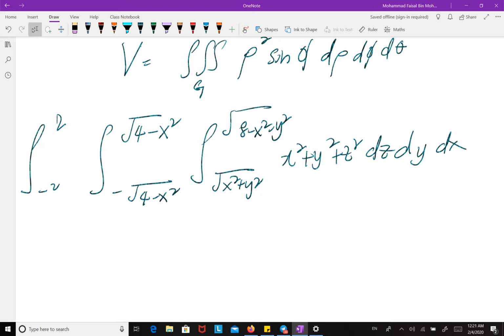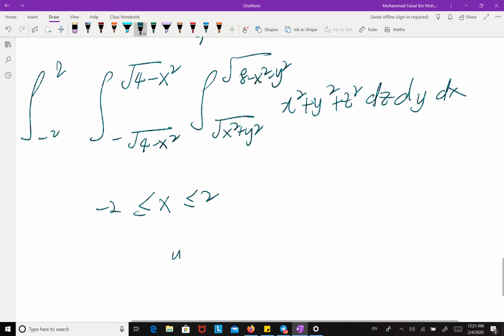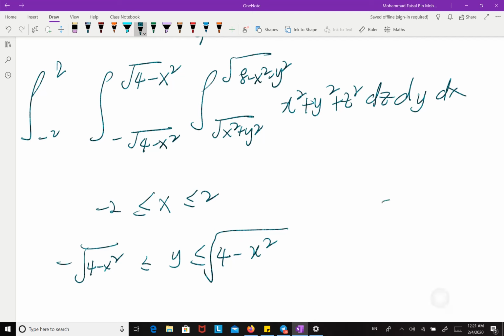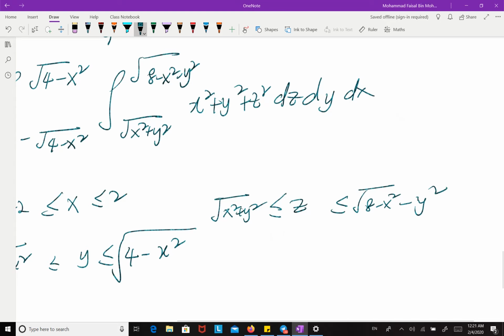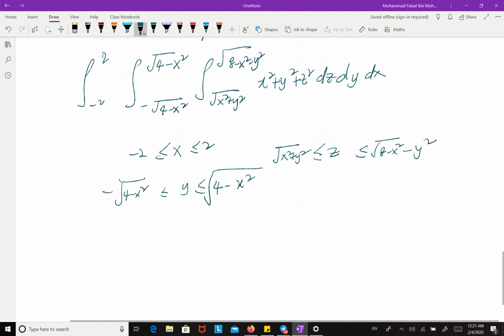So first you have to see the bounds. Your x is between -2 and 2. Your y is between negative square root of 4 minus x squared and positive square root of 4 minus x squared. And then your z is between square root of x squared plus y squared and square root of 8 minus x squared minus y squared.